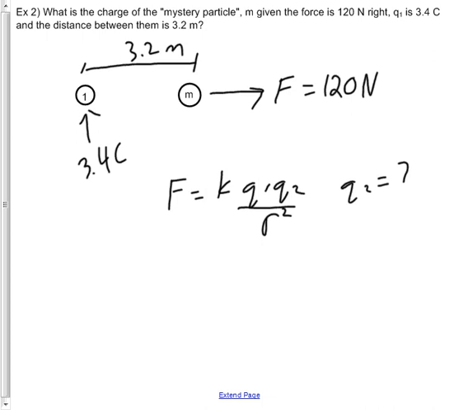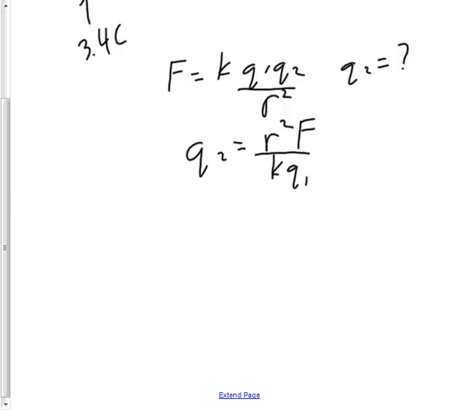We don't know the charge of that other object, or Qm, I guess we could call it. So we do a little bit of rearranging, and we get the charge of Q2 is r squared F divided by K Q1. And now it's just a matter of plugging your numbers in. And again, I'm getting a charge of 4.02 by 10 to the minus 8 coulombs.